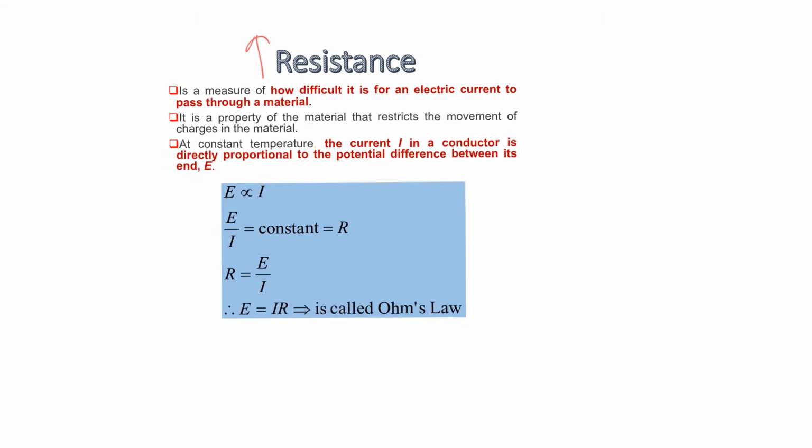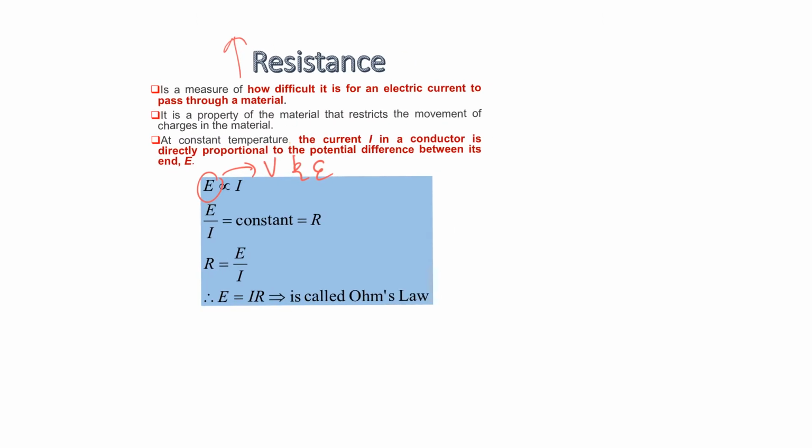I'm not going to use E here. Mostly we use V, or another symbol, EMF. E is mostly used for energy, but to be official, it's better for you to use V or EMF.